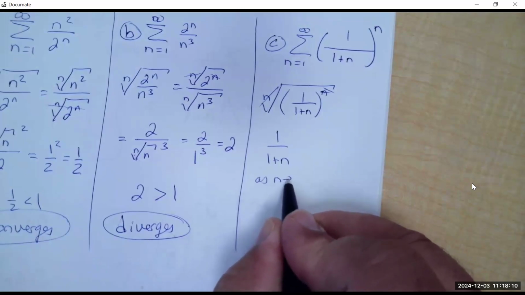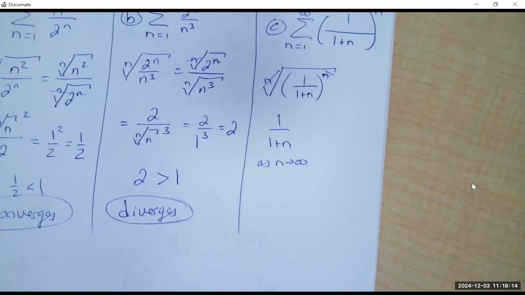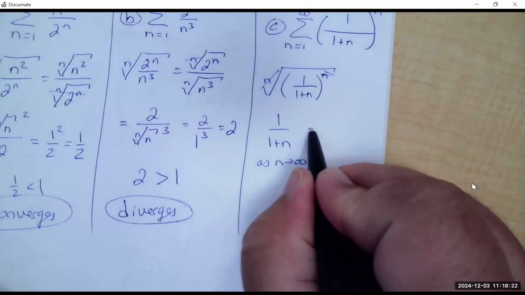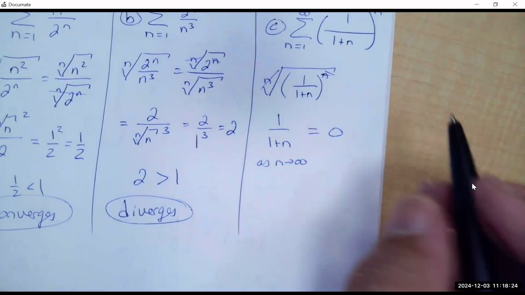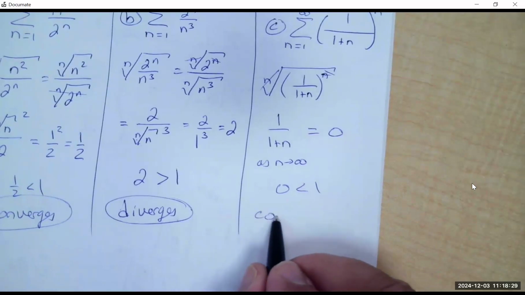As n goes to infinity, what happens here? Where does it go to? Since 0 is less than 1, it converges.